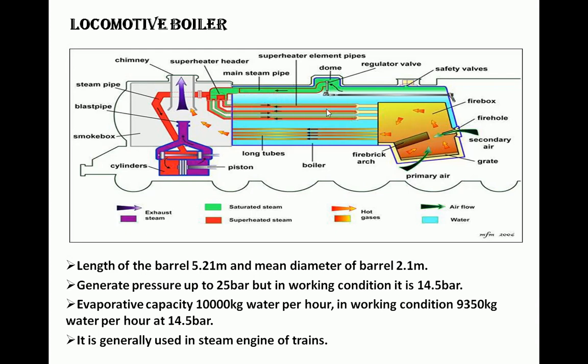High-pressure steam is sent to the superheater for superheating, and then superheated steam is sent to the engine to do some work. Exhausted steam which leaves the engine is exhausted through the chimney. Safety valve is mounted at the top, and a whistle is also located if used in a steam engine.